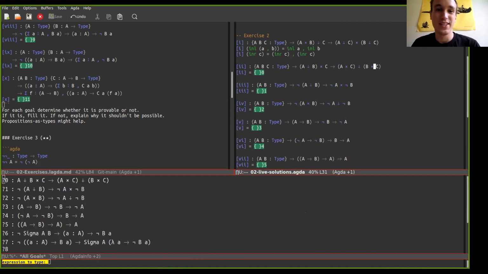Okay. Anyone want to change their opinion? Yeah. But this is of course still true. This is sort of distributivity the other way around.